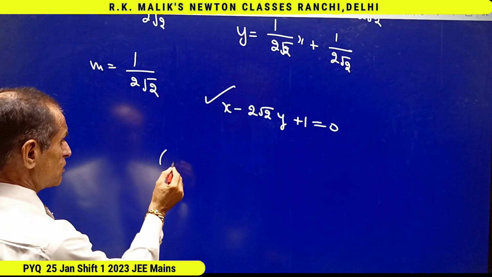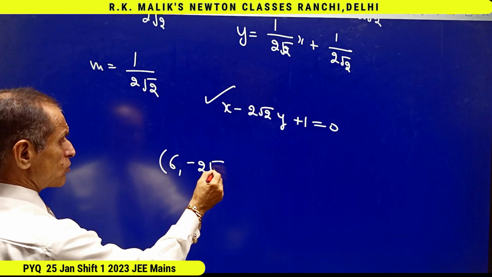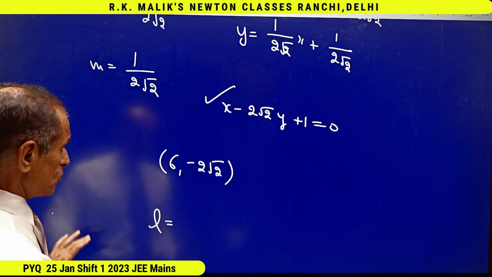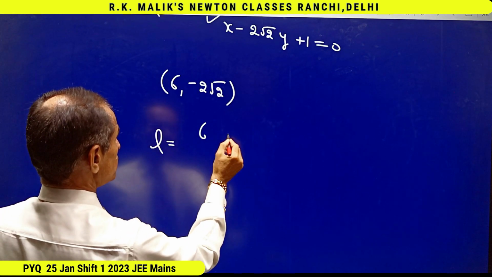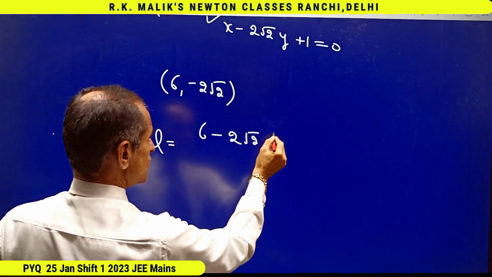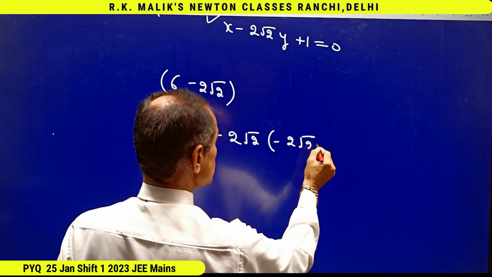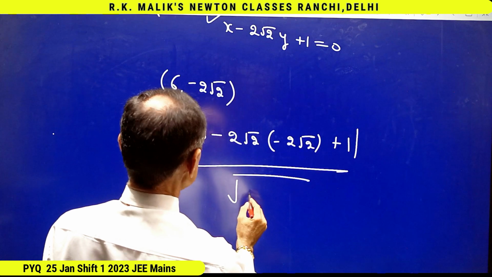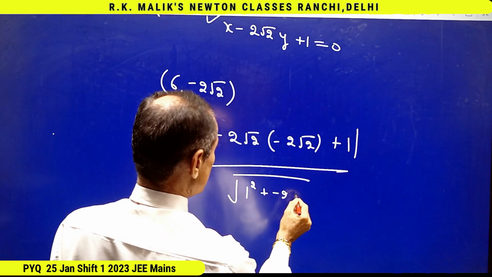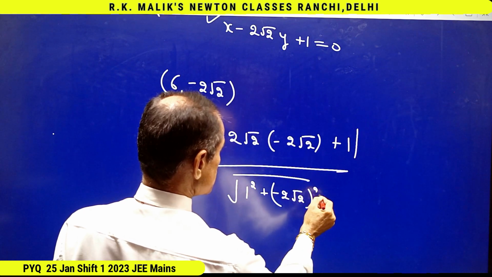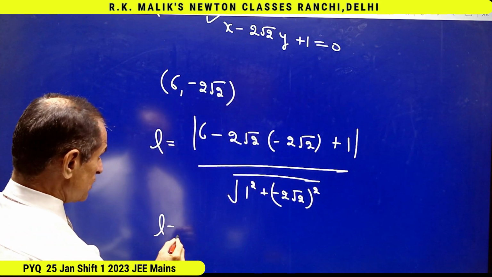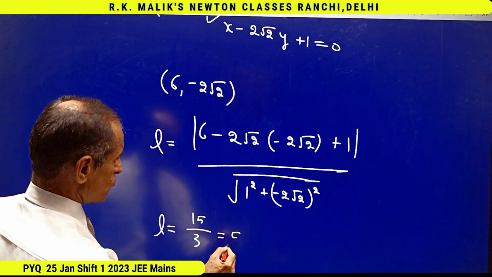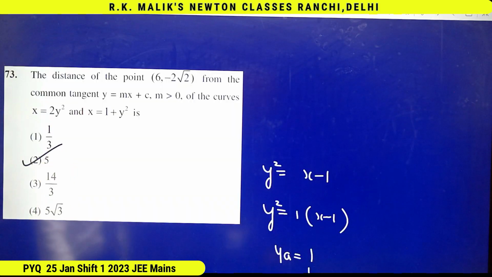Hence the distance of the point (6, -2√2) from this common tangent, say it is L, equals |6 - 2√2 × (-2√2) + 1| upon √(1² + (-2√2)²), that is L = 15/3, that is 5. Hence I can say the second choice is the correct choice.